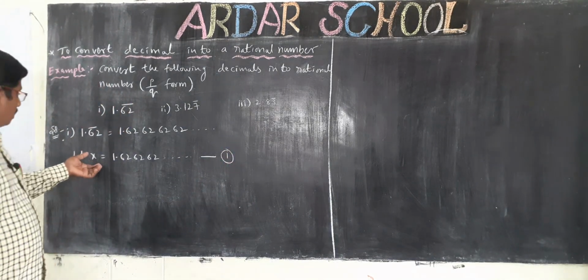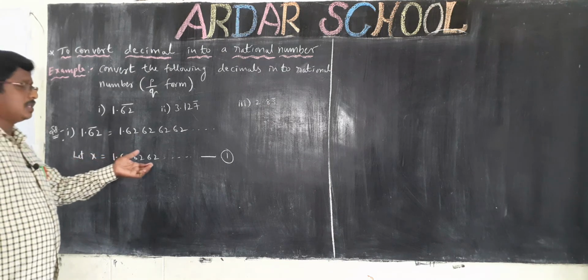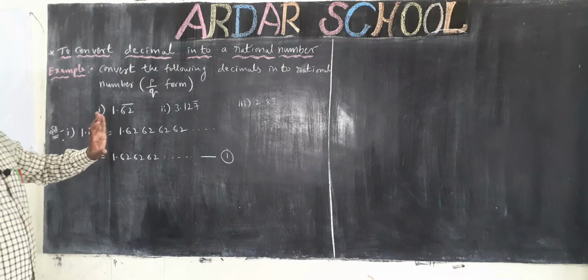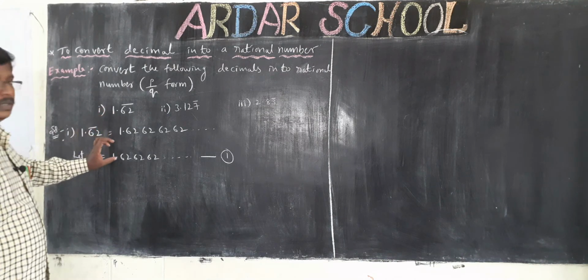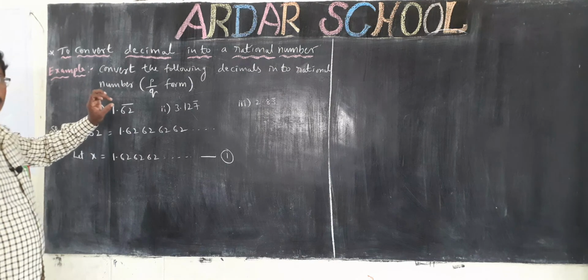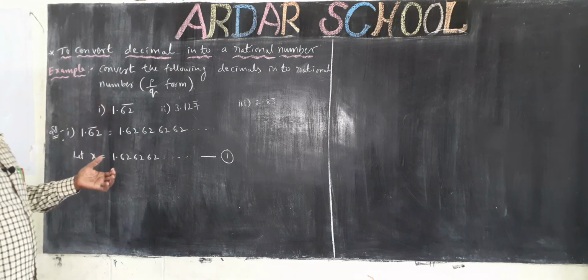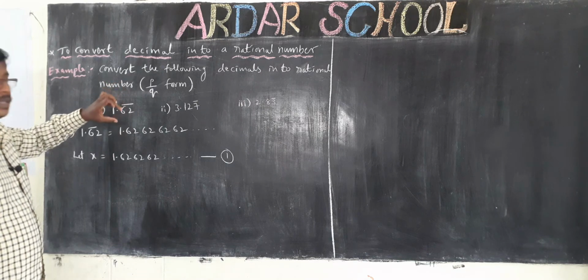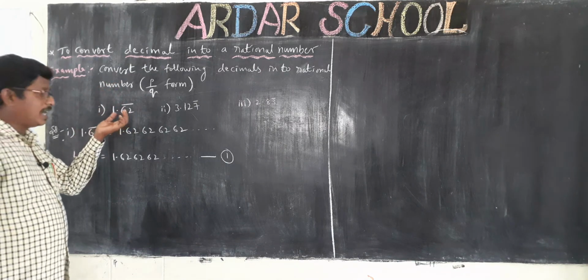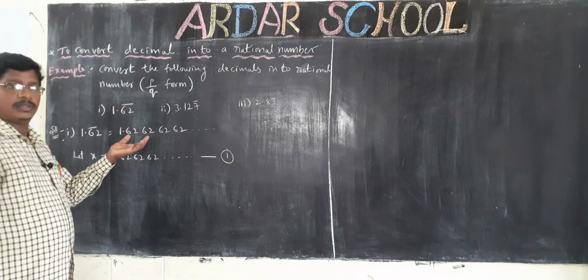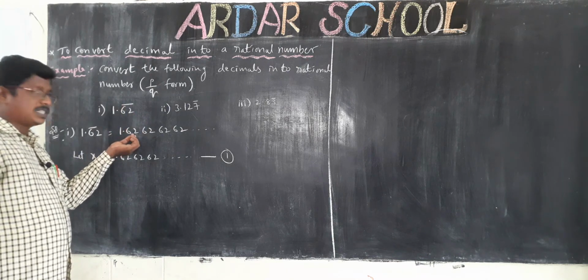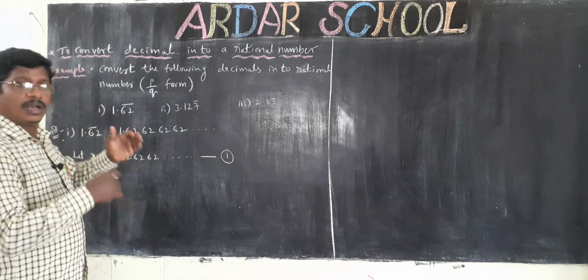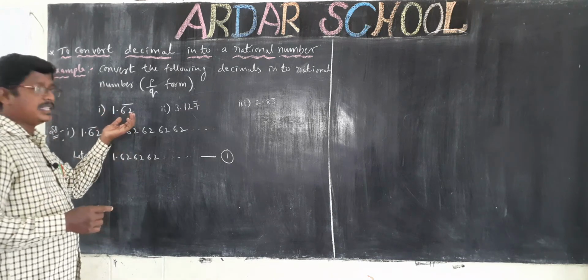Now we have to find the periodicity. Periodicity means the number of recurring decimals under the bar. The period is the number which recurs, that is 62. Two decimals are recurring, so the periodicity is 2.